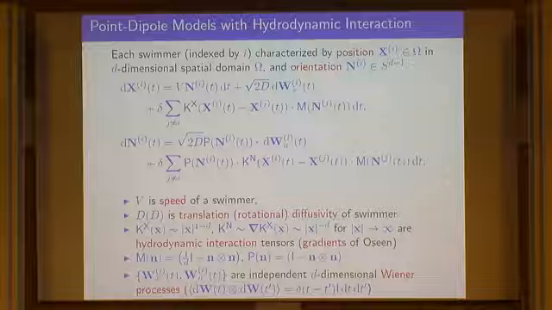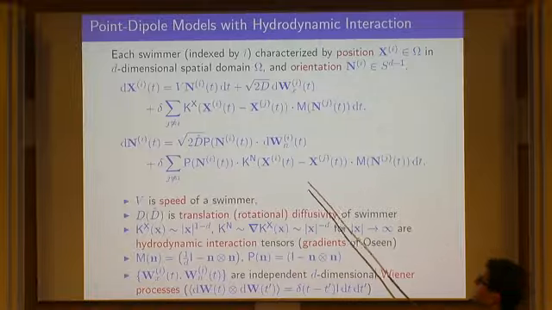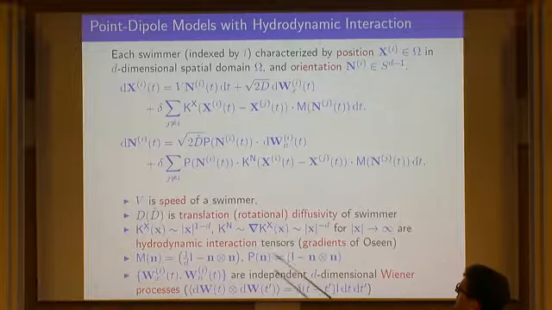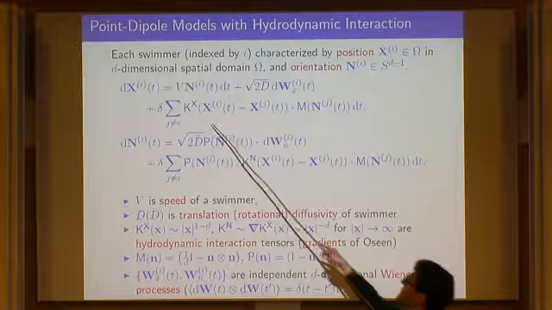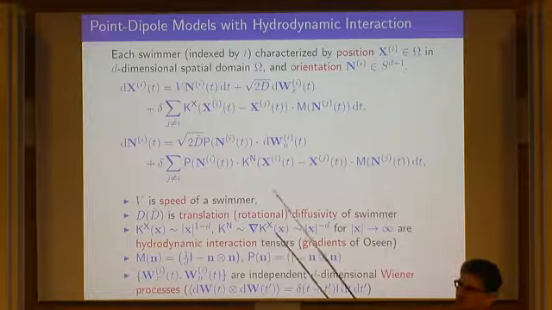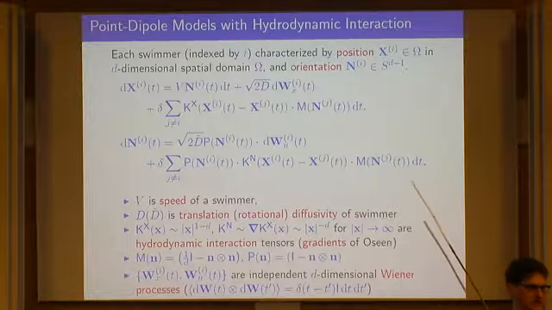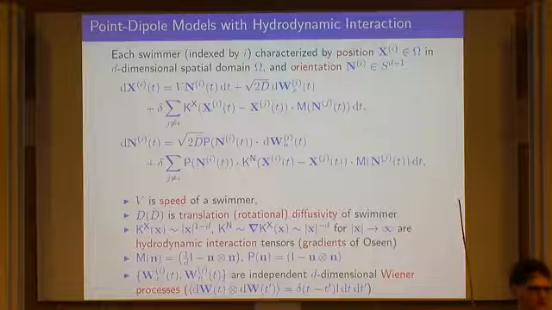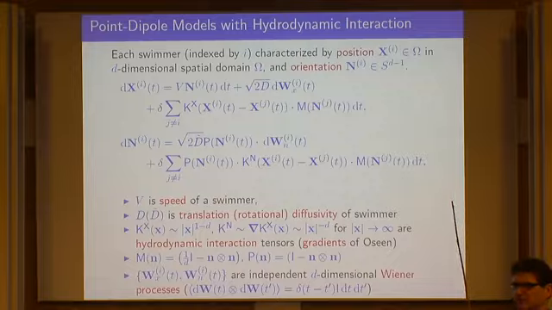All right. So the way the hydrodynamics behave is that you have these K functions, and these K functions are derived from the Green's function for the Stokes equation. The Stokes equation is the Navier-Stokes equation with the nonlinear term and the time derivative dropped out.